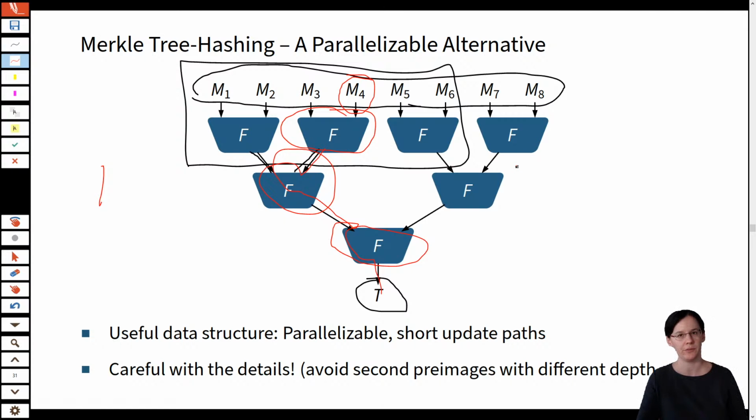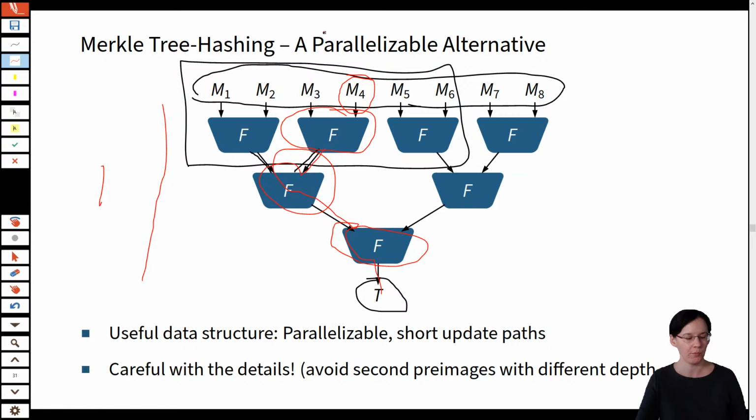I don't even have to touch all the other ones in case I have stored the intermediate results of them somewhere. So as you know from graph theory or from the data structures and algorithms course, this sort of structure allows us to build trees which have a depth that is logarithmic in the number of message blocks that I have.